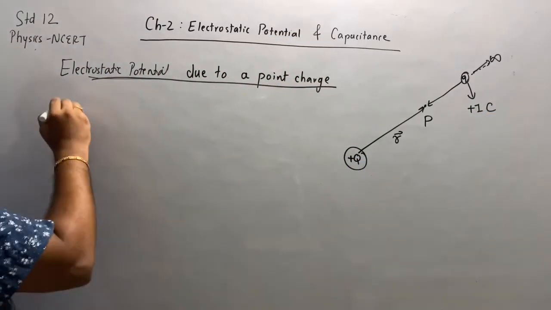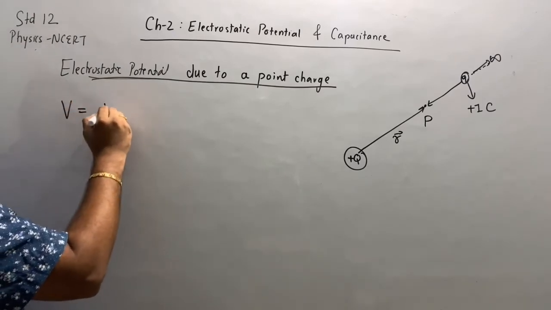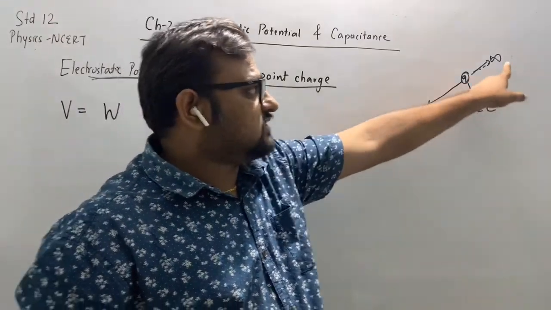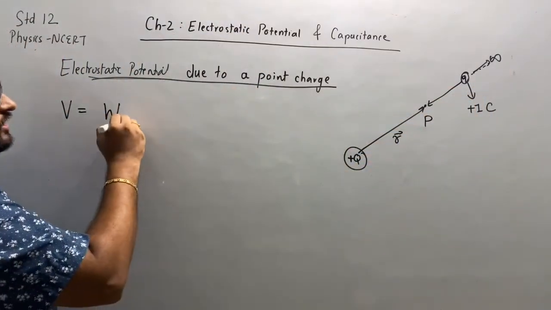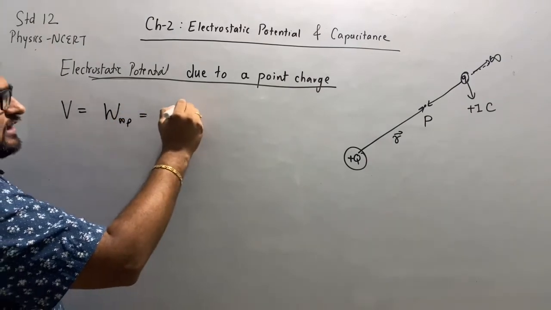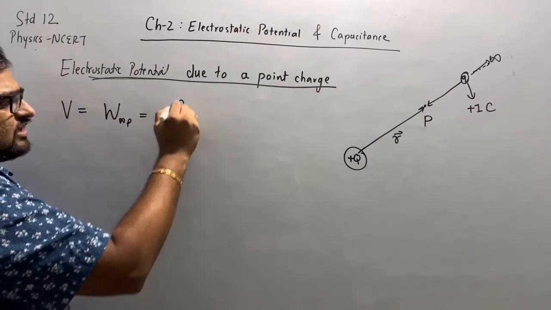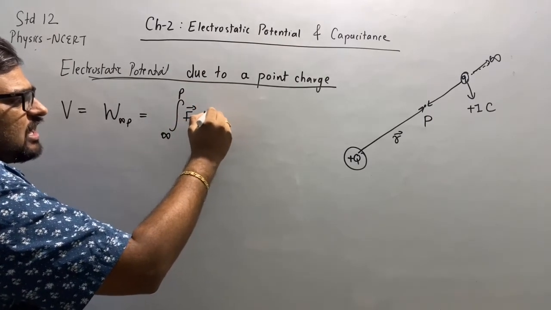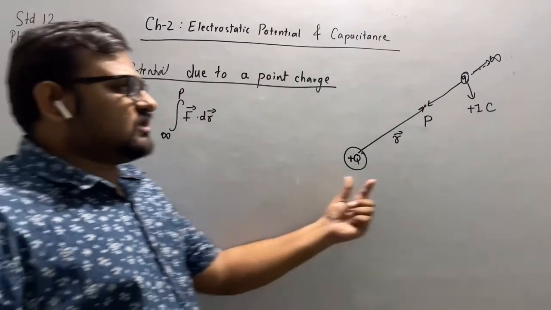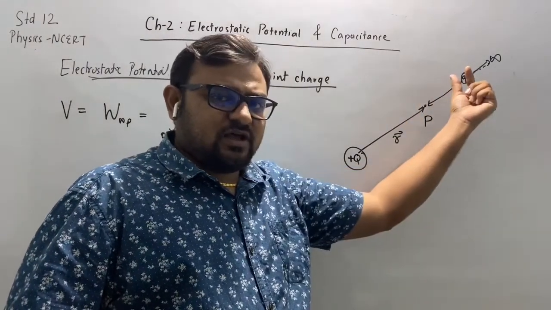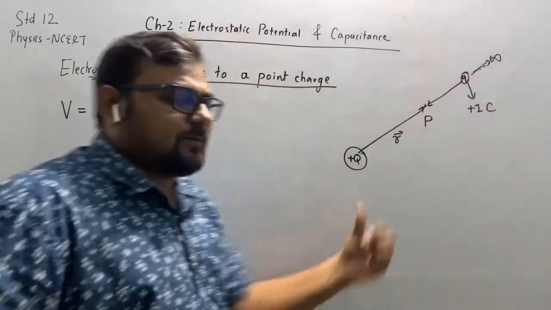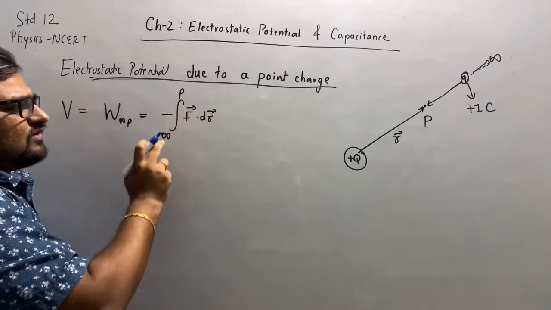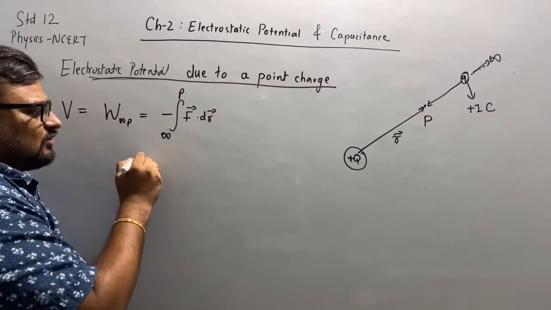So the potential will be equal to the work done in bringing a unit positive charge from infinity to P. So this will be the integration from infinity to P of F dot dr. Now, as it is a positive charge, this will be repulsion, so the displacement is opposite, so I will write minus the integration from infinity to P of F dot dr. Now, what is the formula for force?